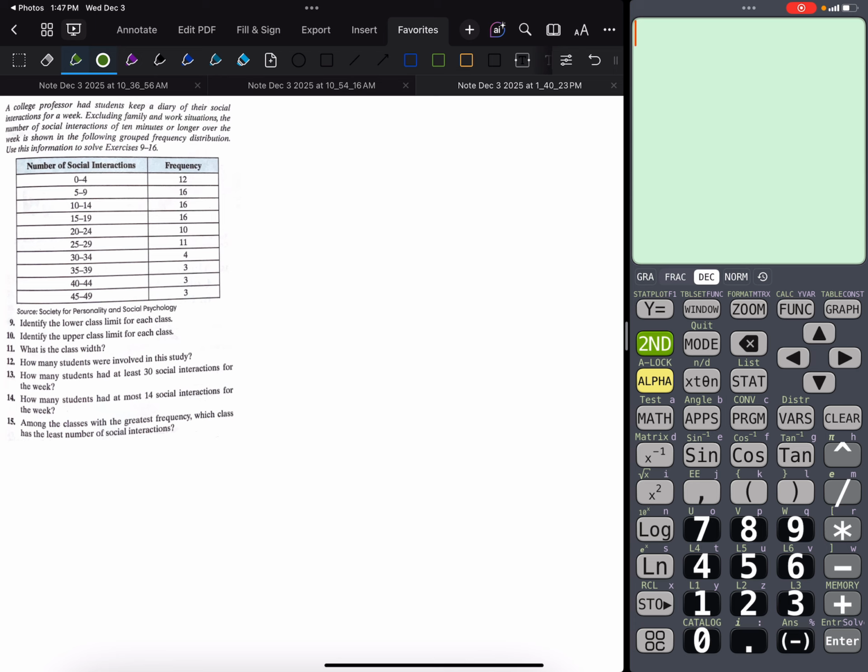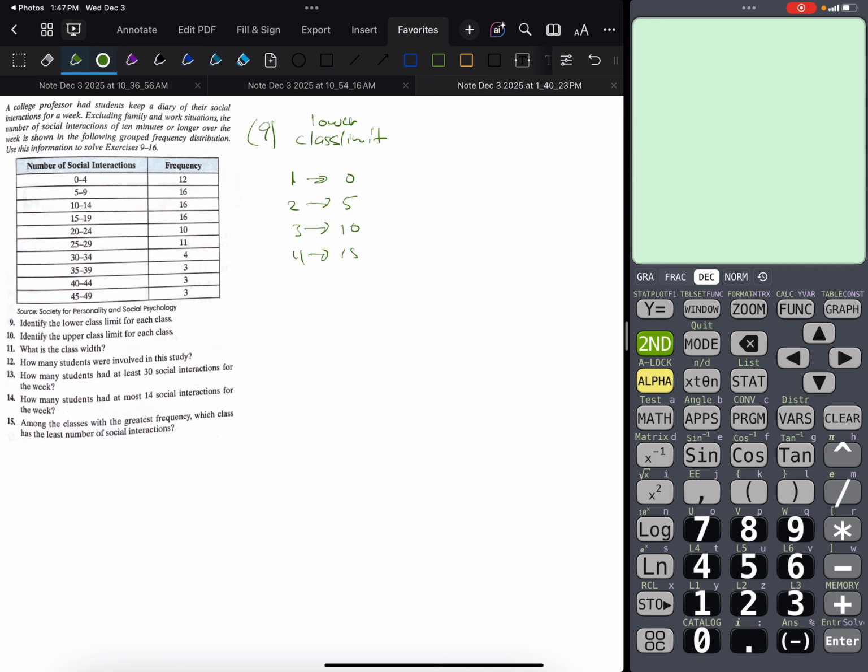And so if we're talking about problem 9, we have a series of classes. So the lower class limit for class 1 will be 0. For class 2 will be 5. For class 3 will be 10.